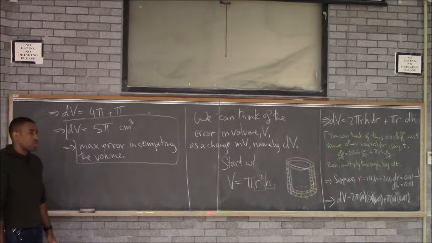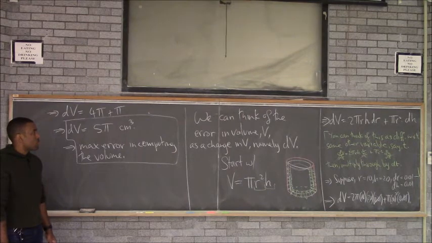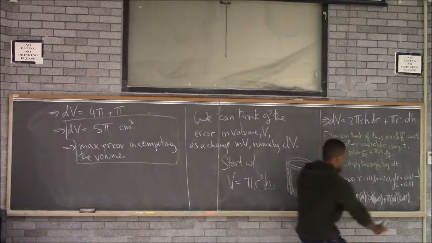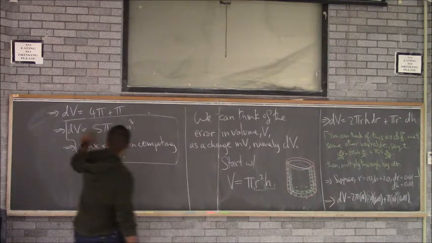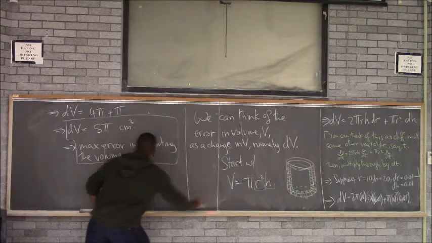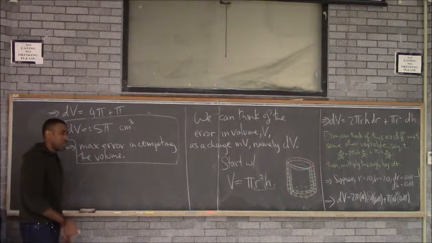So if it were to be minimum error, you would just not flip it, but make it negative. Like instead of max error in computing volume, it'd be like if you were to ask minimum error. This actually works for both. What you'll realize if you had minimum error, all that would change here is that these two would be negative. And so you get a minus this. So you can think of this automatically as implying a plus or minus. It's implied. You don't really need to worry about the sign.